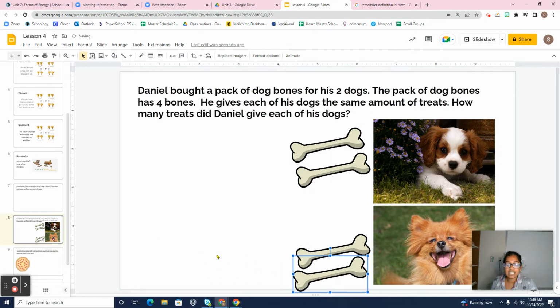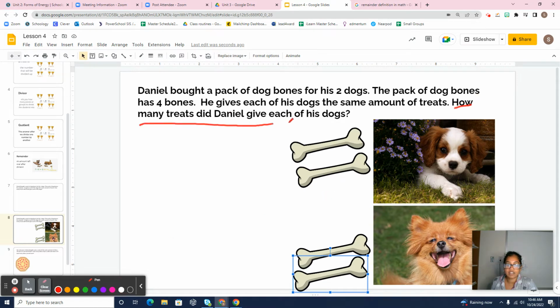It says, how many treats did Daniel give each of his dogs? Each dog got 2 treats. We want to make sure it's fair. This dog got 1, 2 treats, and this dog got 1, 2 treats. So each dog got 2 treats.